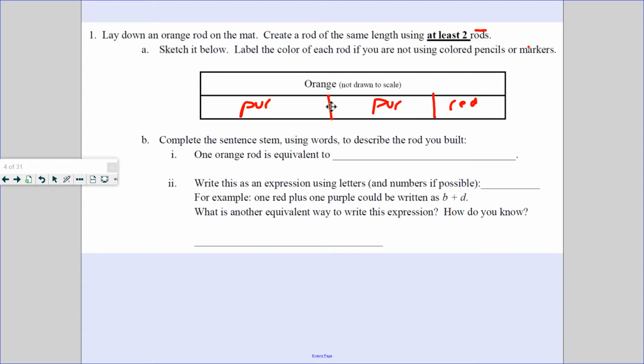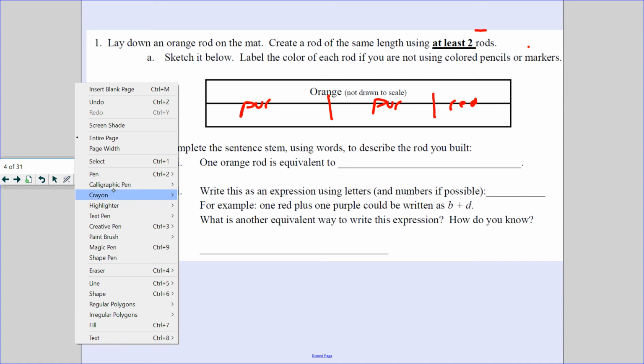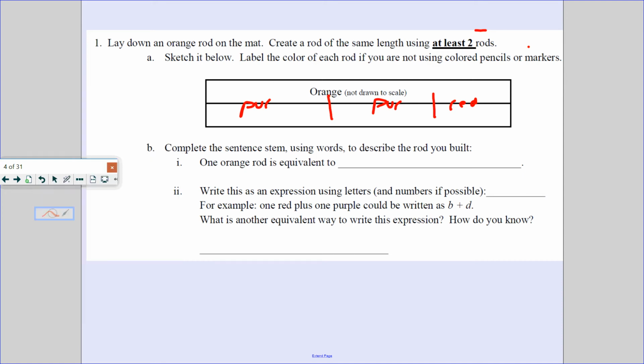So now, complete the sentence stem using words to describe the rod you built. 1 orange rod is equivalent to 2 purples and 1 red.